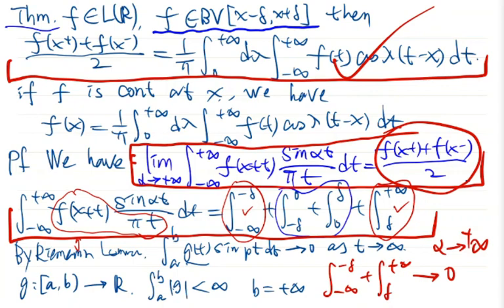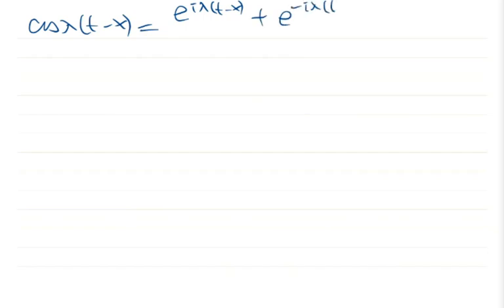For the Fourier integral theorem, we can write this in another interesting form, because cosine lambda(t minus x) can be written by the exponential of i lambda(t minus x) plus the exponential of minus i lambda(t minus x), divided by 2.